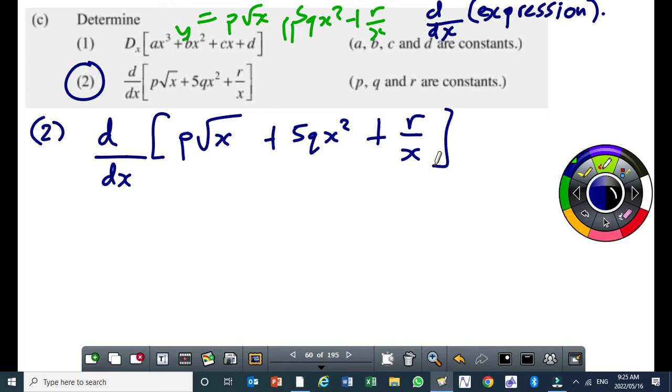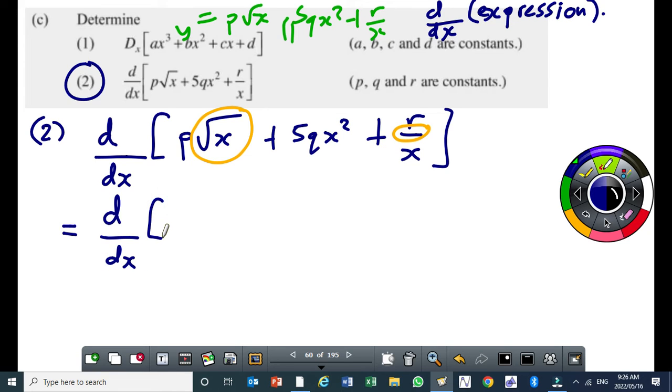But before you write the answer after using rules, you need to eliminate square roots. You need to eliminate division lines. So we have to eliminate the division line here. We also need to eliminate that root sign before we find the derivative. So this will be d over dx of px to the power of a half.